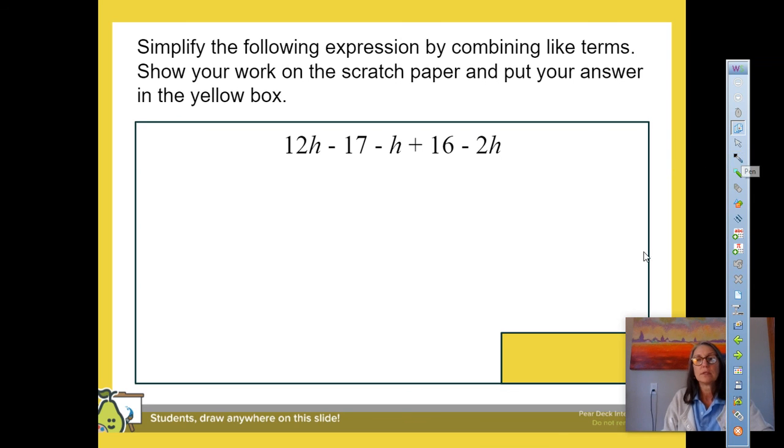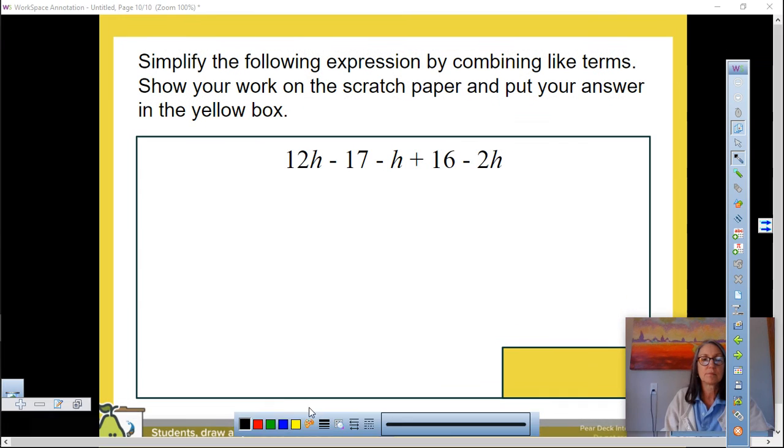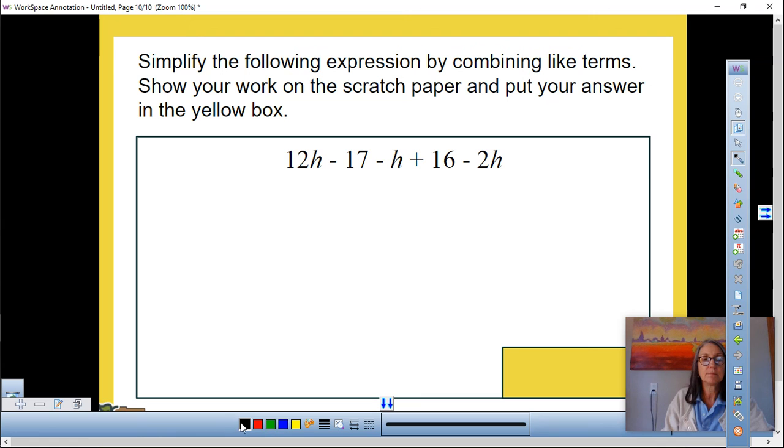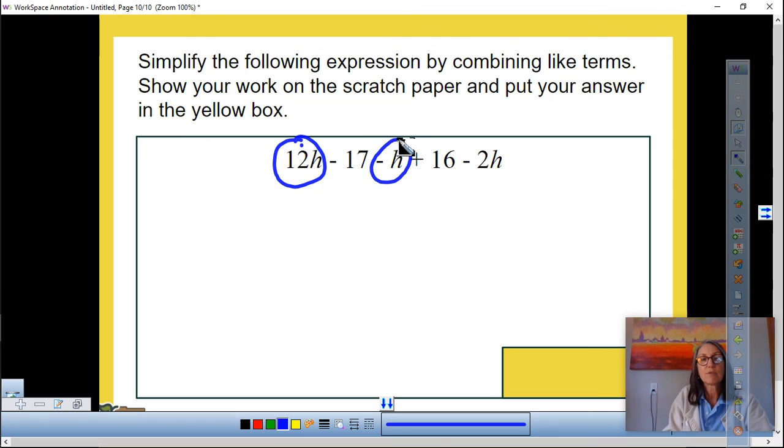One more. Let's circle our like terms. So I have 12h. I've got negative h. Remember, that's a negative 1h. And then I have a negative 2h. Well, let's combine them. 12h, negative 1h, that's 11h.